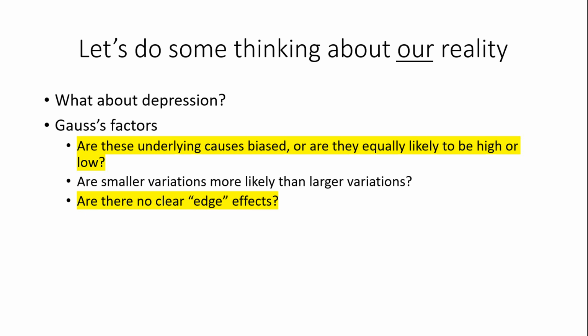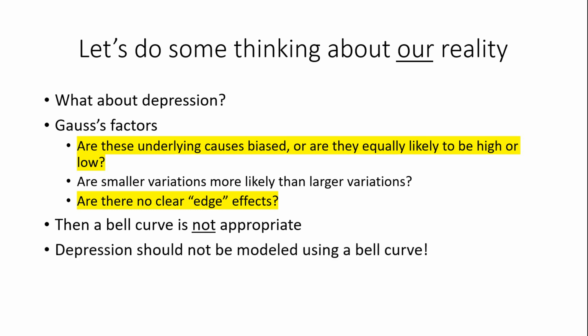Are there no clear edge effects? Well, yes, there's a clear edge effect. It comes where there's zero depression. It doesn't make sense to talk about a negative depression score. So a bell curve is not appropriate for modeling depression.